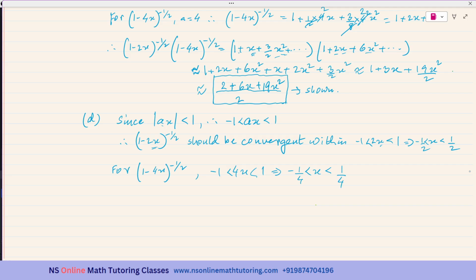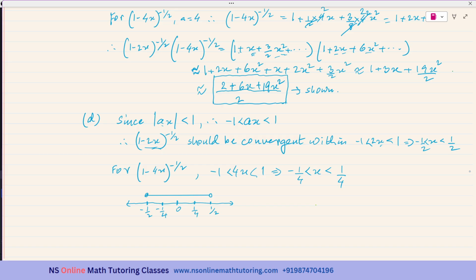Okay. And now I have to combine these two. If I think about the number line, this is the number line and this is maybe the 0 point. This one is negative 1/4. This one is positive 1/4. This one is negative half. This one is positive half. Okay. So, for 1 minus 2x to the power of negative half, this whole region is valid, not these two endpoints.